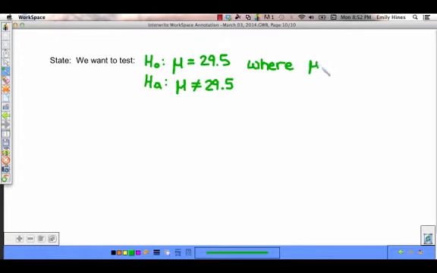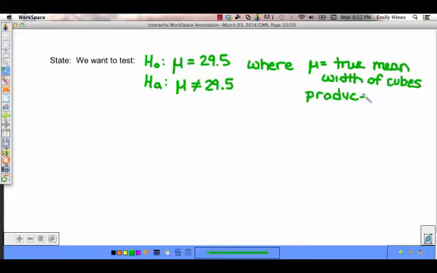Where mu equals the true mean width of cubes produced this hour. So out of all the cubes produced in an hour instead of just our sample. Okay, and we also want to make sure that we say that alpha, even though they gave it to us, is 0.05.